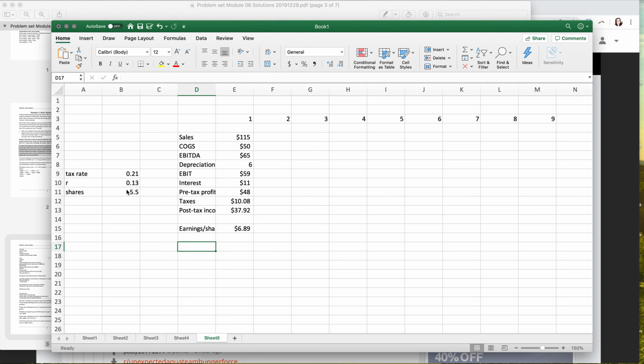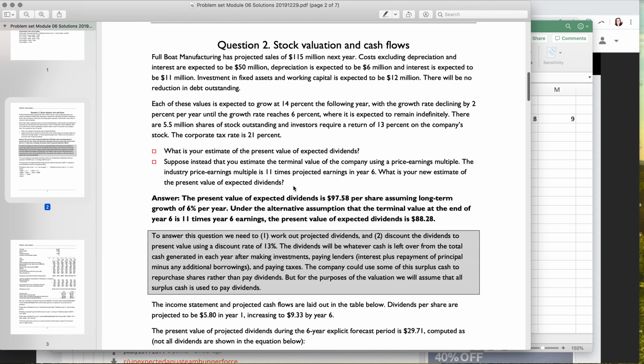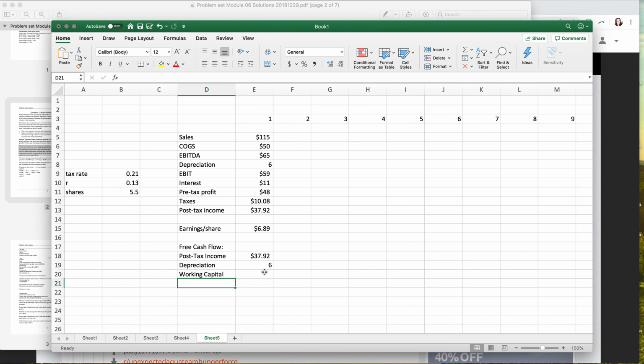Okay, so now we need to calculate free cash flow, and we do that by taking the post-tax income, which is 37 million. Then we add in depreciation. Then we subtract additions to working capital, which according to this is 12 million.